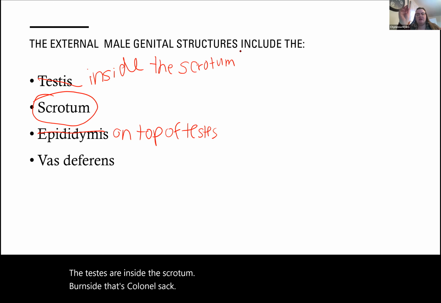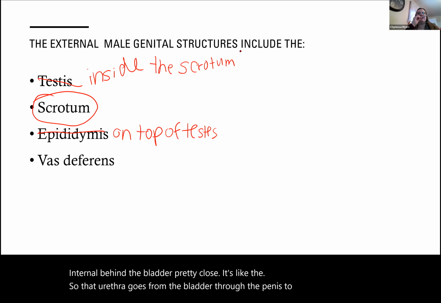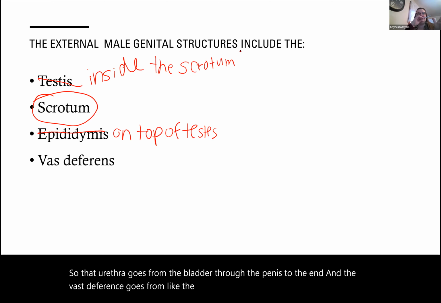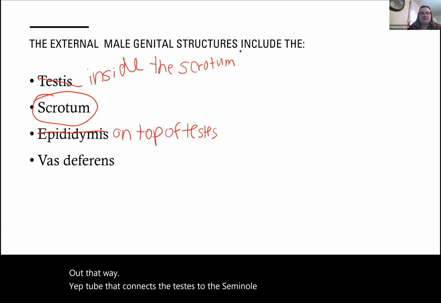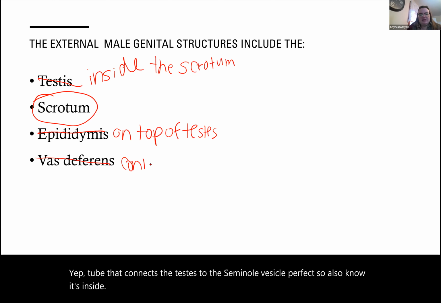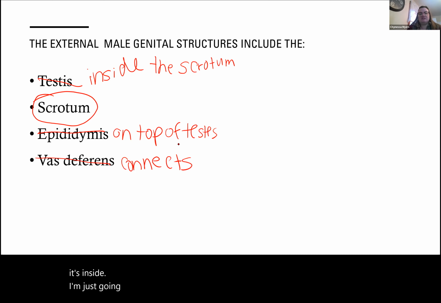Internal, behind the bladder, pretty close. So the urethra goes from the bladder through the penis to the end, and the vas deferens goes from the seminal vesicles out that way. Yep, a tube that connects the testes to the seminal vesicle. Perfect. So also know it's inside. I'm just going to say connects lots of things.